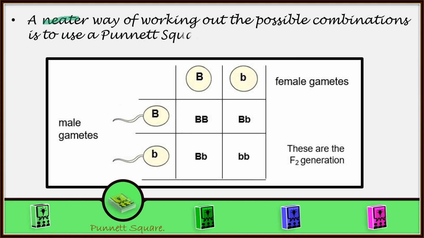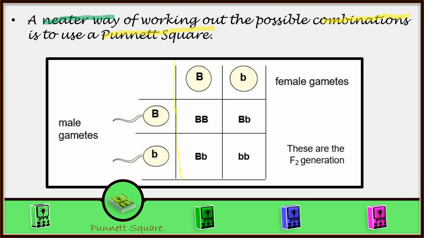A neat way of working out the possible combinations is to use a Punnett square. It can be easier for us to work out when we use a Punnett square. This is our Punnett square.